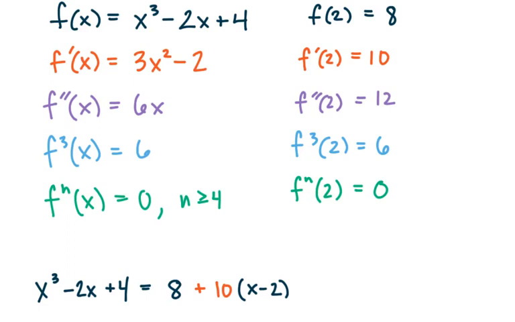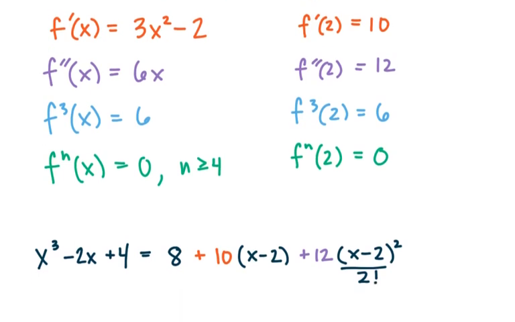My next term comes from the second derivative evaluated at 2, so I've got plus 12, and then we're going to say x minus 2 squared, and this, of course, needs to be over 2 factorial.